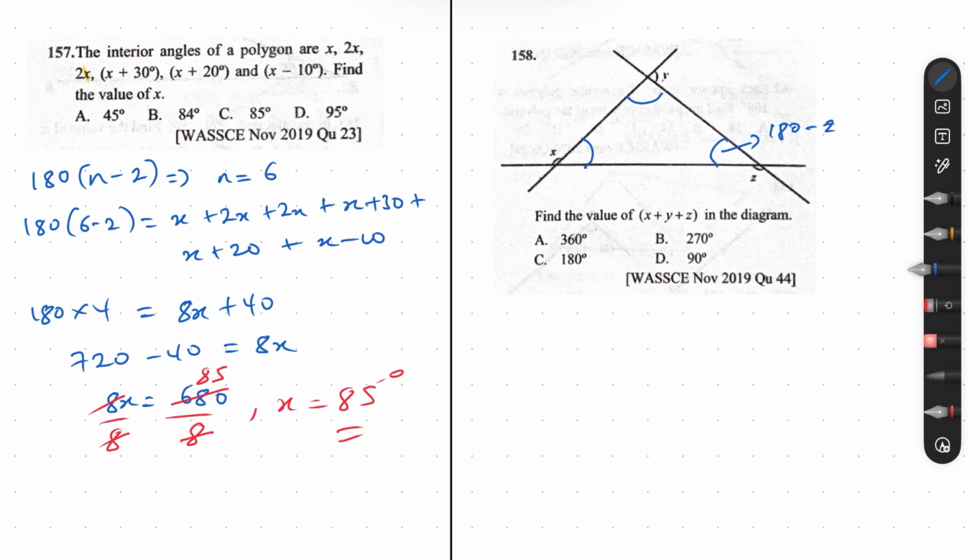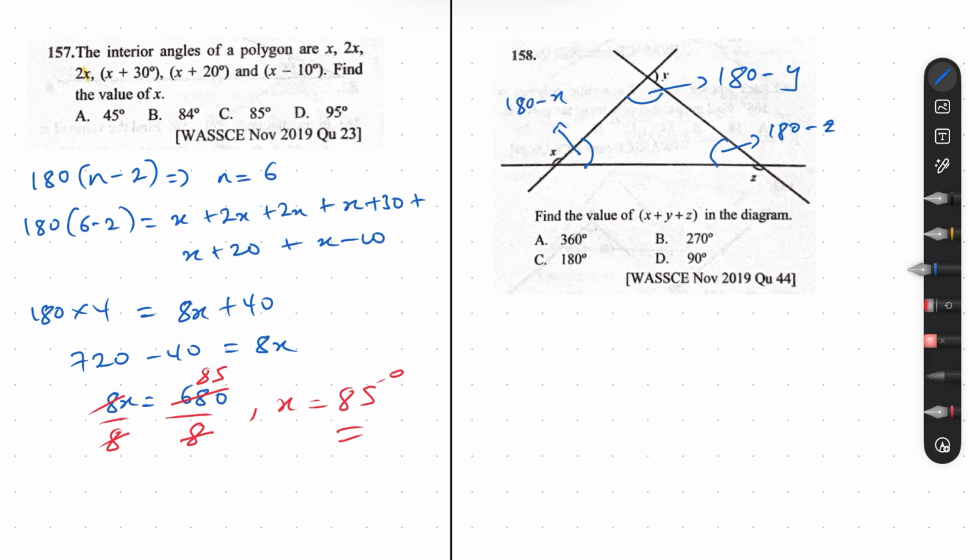Similarly, when we add this angle and y, we should get 180. So this angle will be 180 minus y. And the same also applies for x, because x plus this angle should give us 180. So this angle will be 180 minus x.